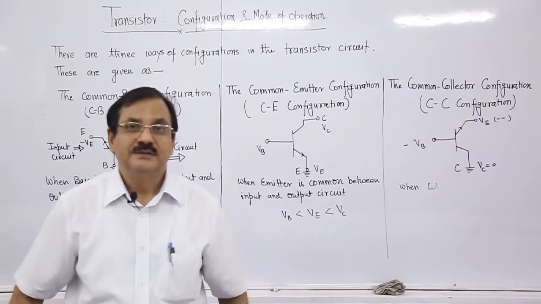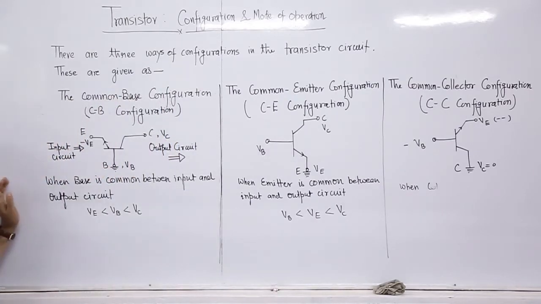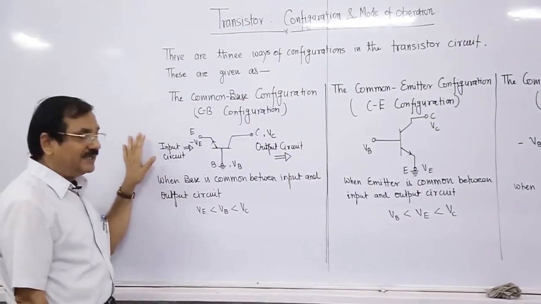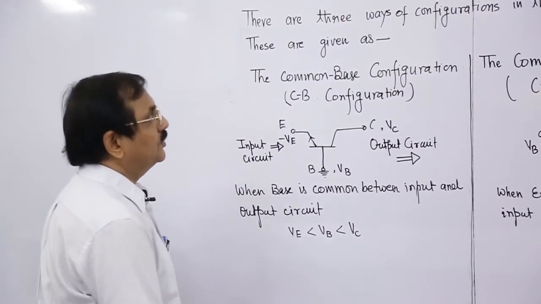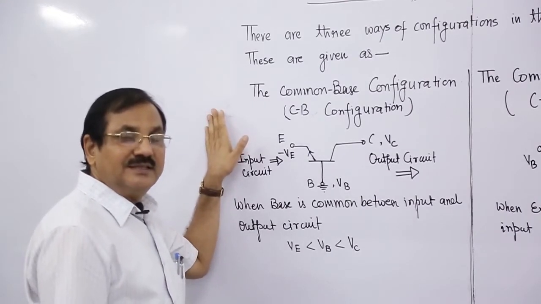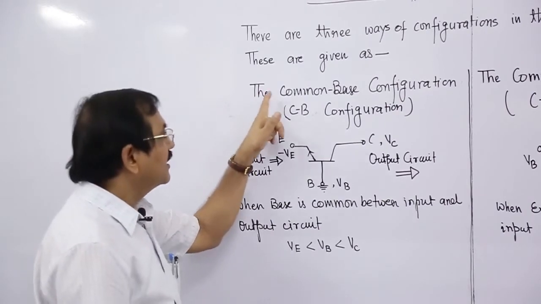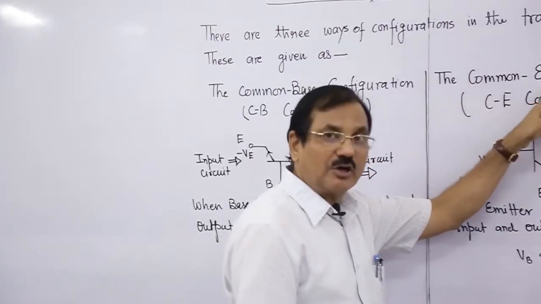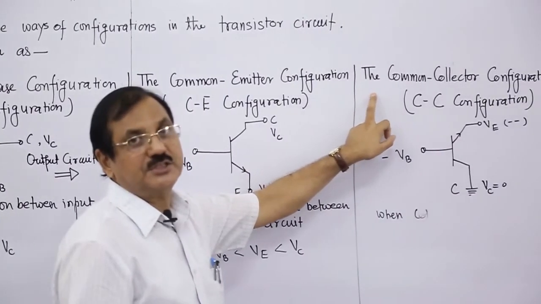The input section is represented on the left hand side and the output section on the right hand side. So, we can classify the transistor configuration in three categories: common base configuration, common emitter configuration and common collector configuration.